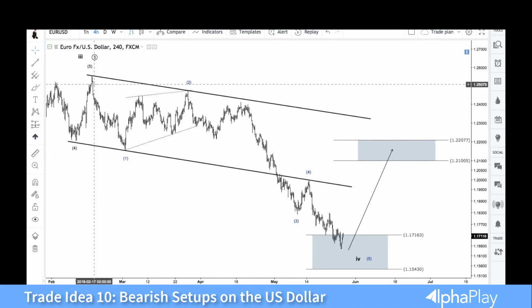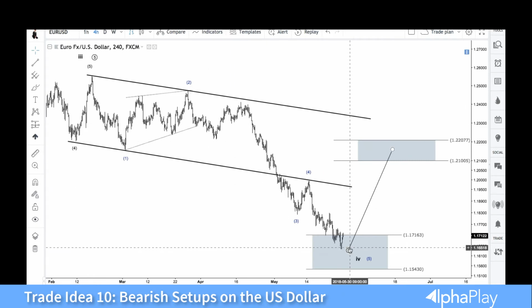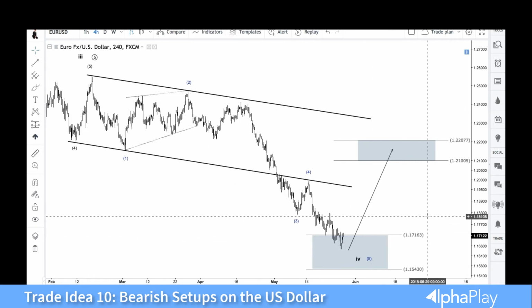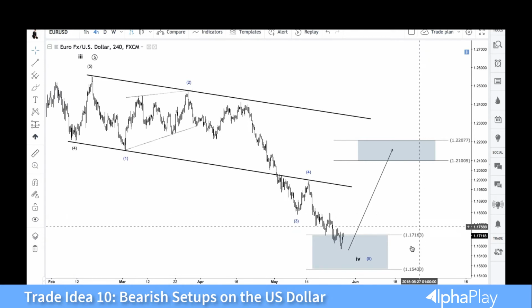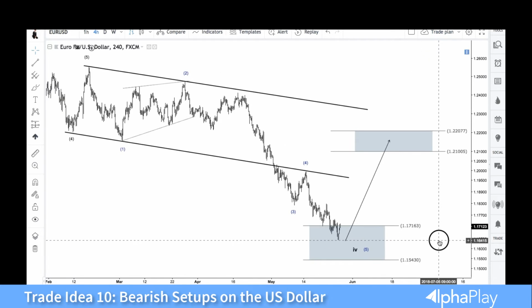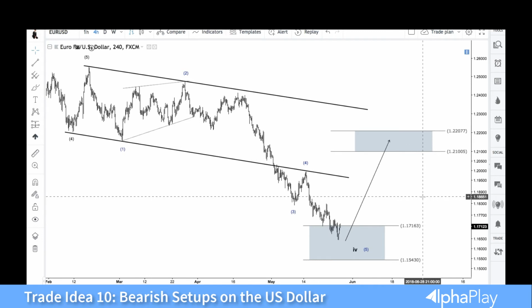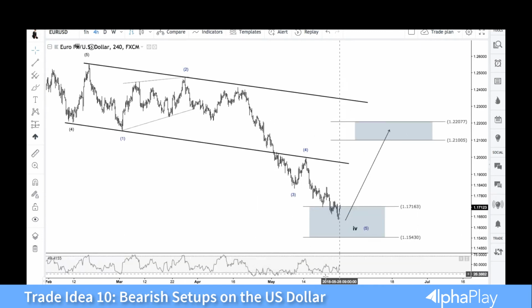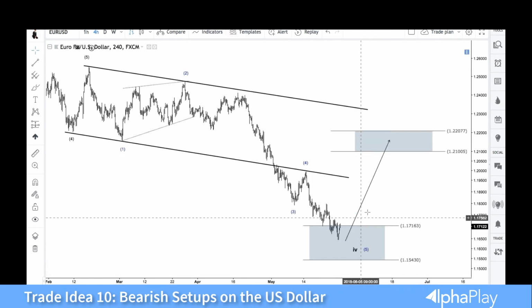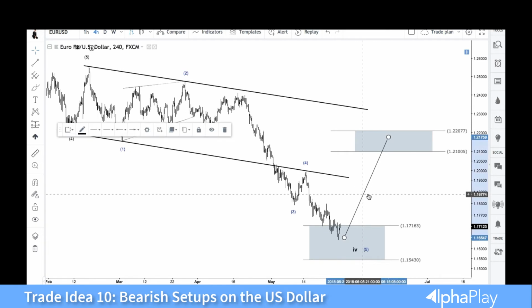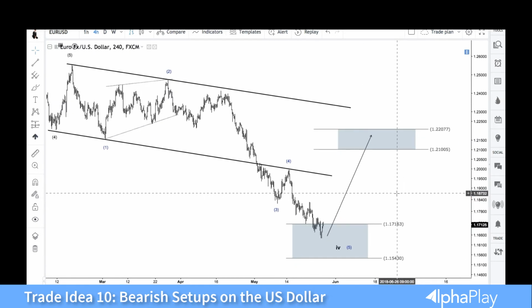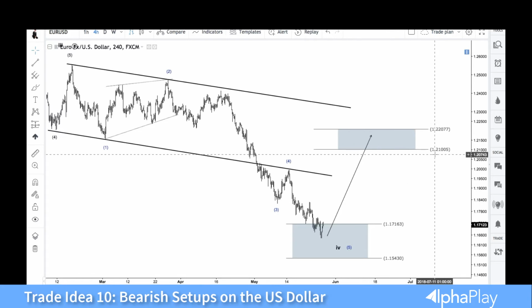I'm seeing again an internal 5-wave 1, 2, 3, 4, 5 being completed in terms of price structure, as well as the ratio. You can see it has also tagged the area, and we do also have a divergence on the RSI. So that gives me the analysis that I'll be looking at a potential buy setup towards the 1.21 to 1.22 area.